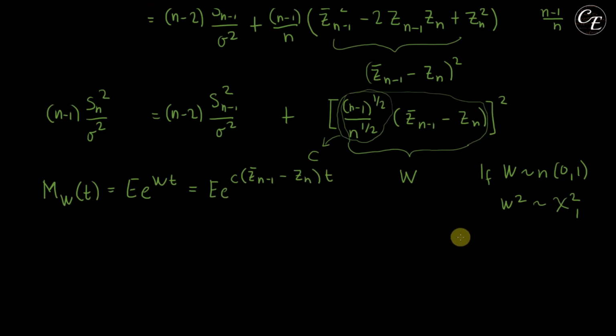And then from algebra, e raised to a plus b is equal to e raised to a times e raised to b. So we have here expectation of e raised to, we can distribute this c and t for each term in here. So we have here z bar n minus 1 times ct and then e raised to z sub n times ct.